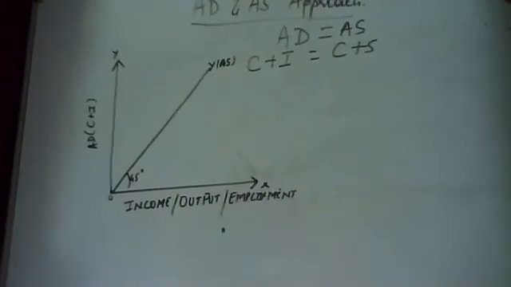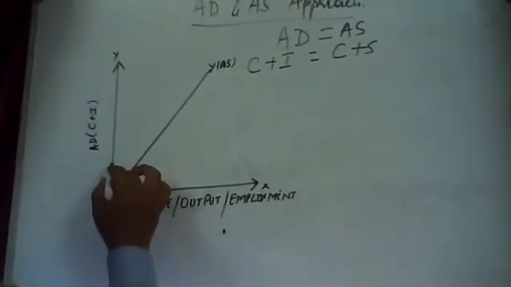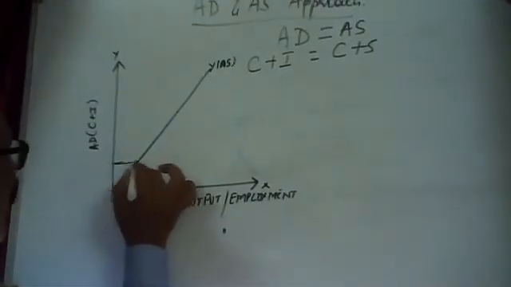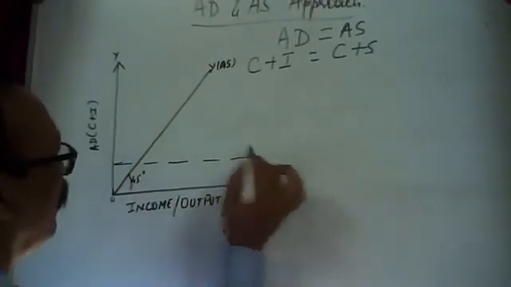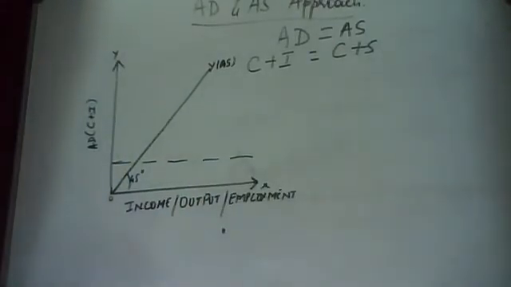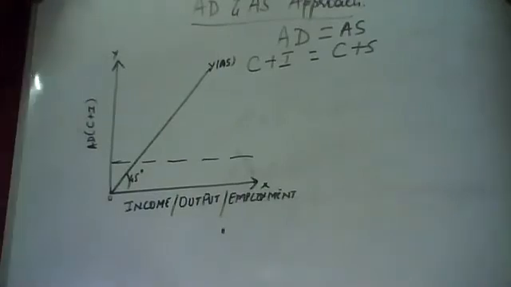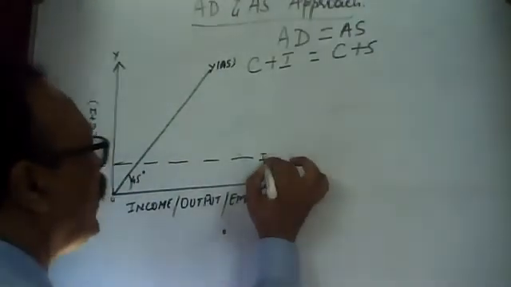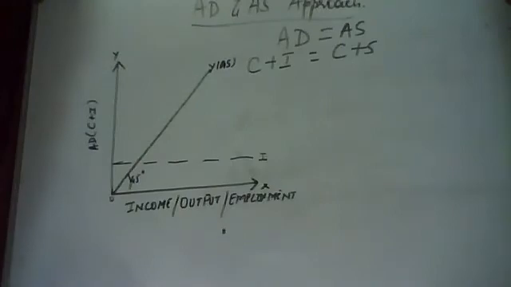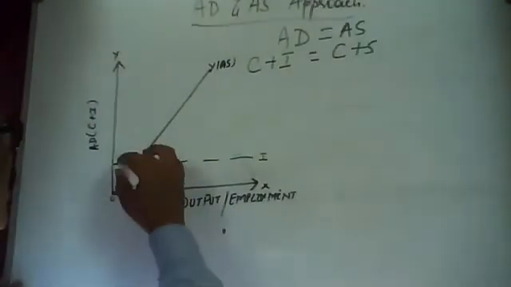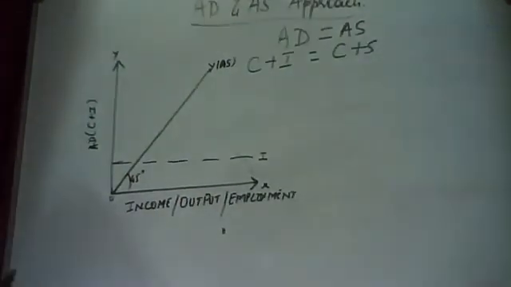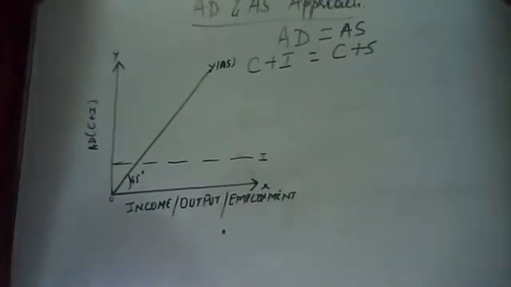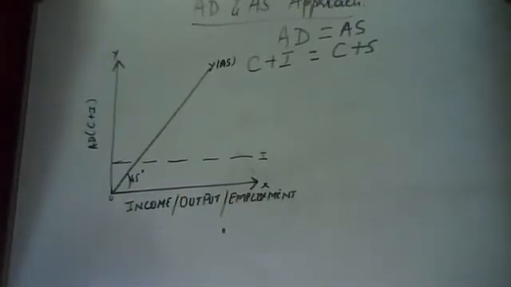Now, children, you have been taught that an investment line runs horizontally, parallel to the x-axis. This is your investment line, right? Your consumption always begins from above the origin, right? Why? Because of the autonomous consumption.